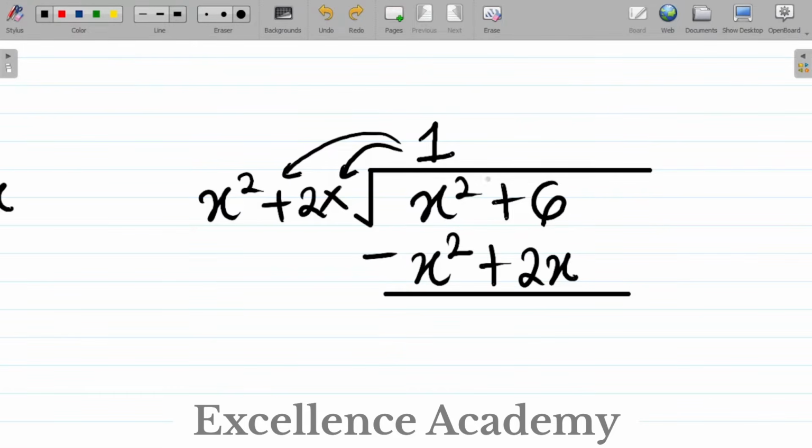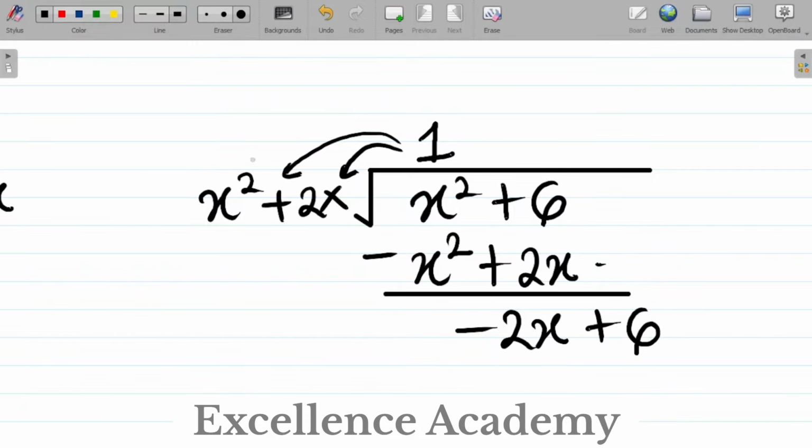So it becomes 0 minus 2x, which gives you minus 2x. There's no constant term here, so all you have to do is bring the constant term down. Bring 6 downward, it's plus 6.